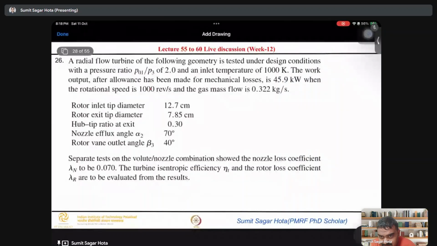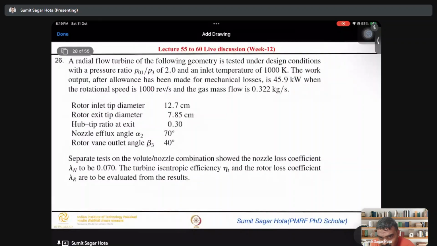The rotor inlet tip diameter is 12.7 centimeter, rotor exit tip diameter is 7.85 centimeter, hub tip ratio at exit is 0.3, nozzle efflux angle alpha 2 is equal to 70 degree, rotor vane outlet angle beta 3 is 40 degree. Okay, a separate test on the volute nozzle combination showed the nozzle loss coefficient lambda n to be 0.07.